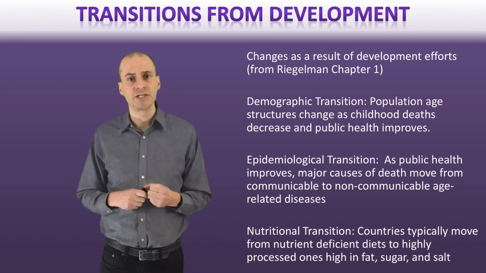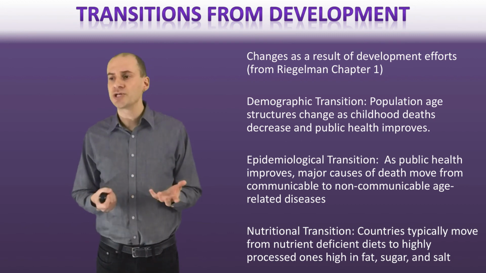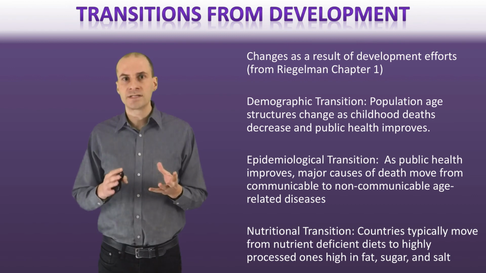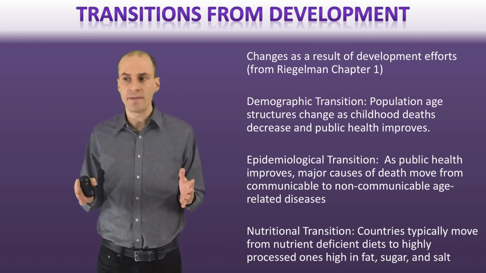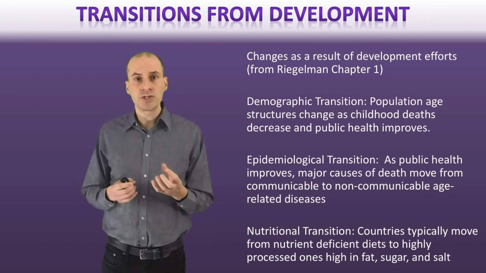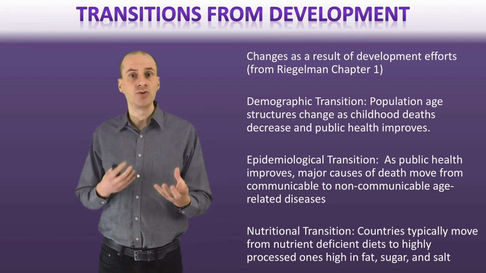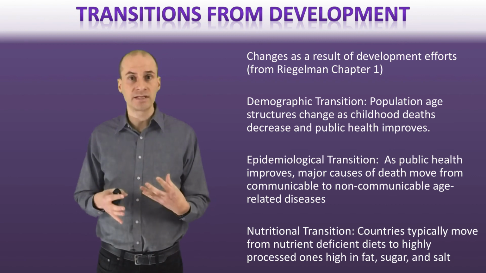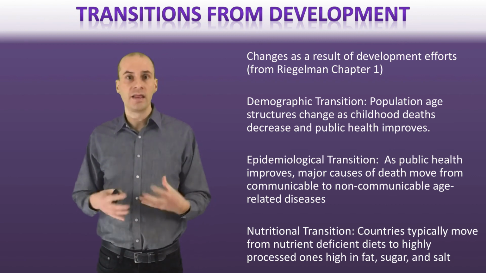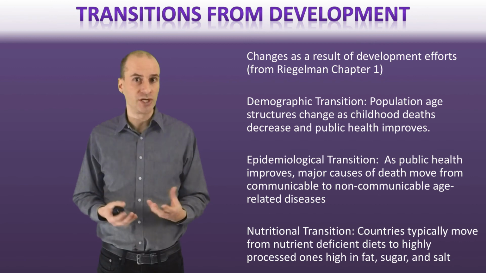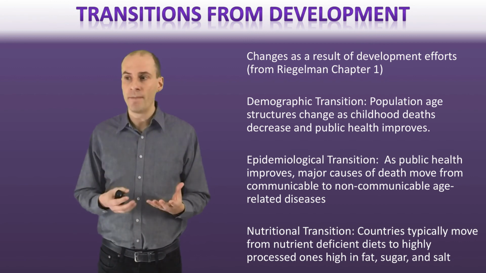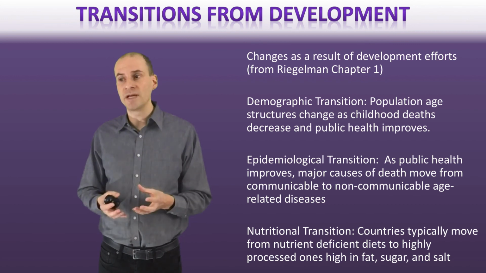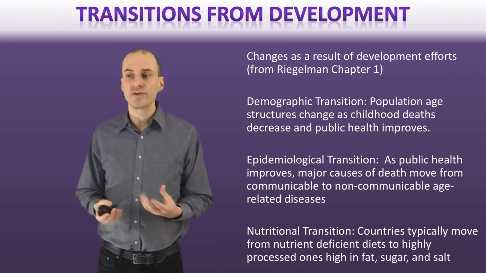There's also another transition that's worth noting, which is a nutritional transition. This is the idea that as countries develop over time, they're more likely to transition from having nutritional deficiencies in terms of vitamins and access to calories, so lack of nutrition, undernutrition, starvation, to a transition in more developed nations where we have what we call overnutrition.